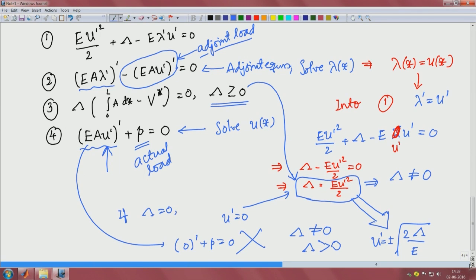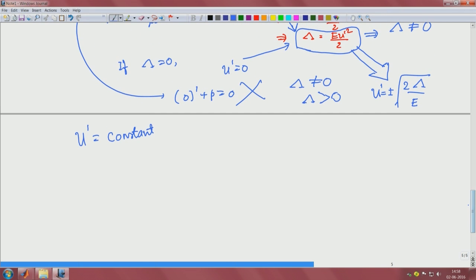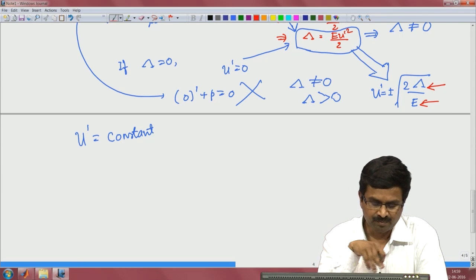In any case, what we have arrived at is that u prime is equal to a constant, because it depends on capital lambda, which is constant, E which is a constant, and 2 which is a constant. U prime equal to constant.